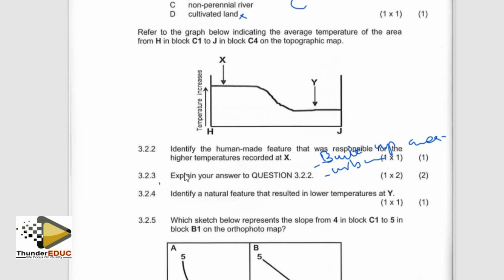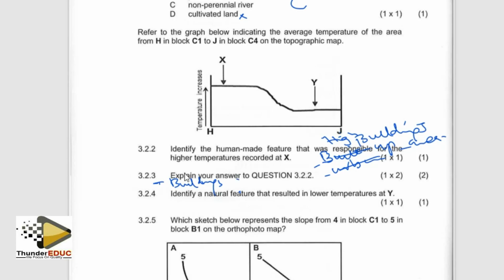So 3.2, the urban infrastructure or the built-up area. Buildings. The human feature here is a built-up area. The human feature here, buildings, that are responsible for the higher temperature.